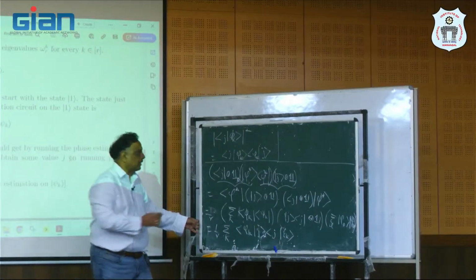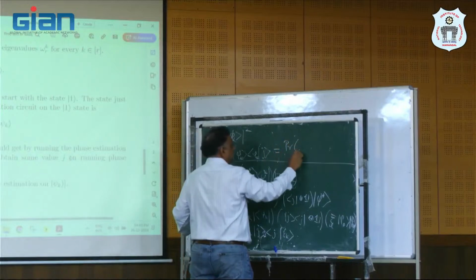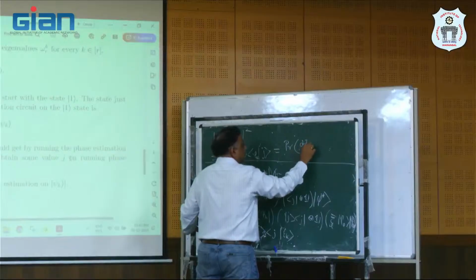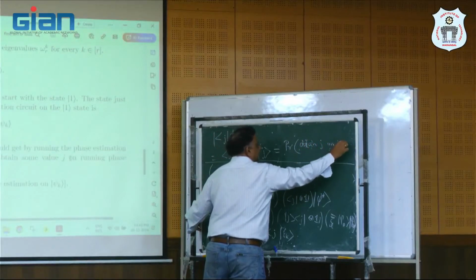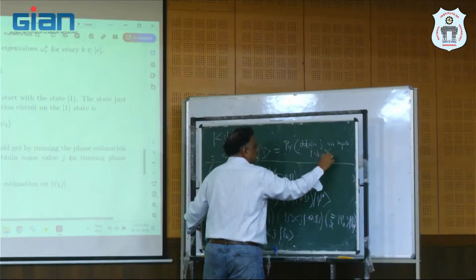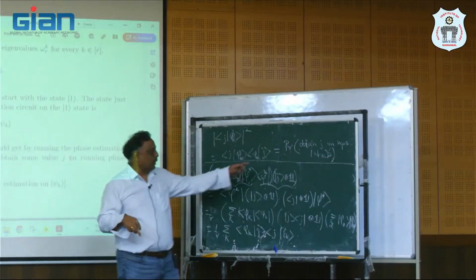This is equal to probability to obtain J on input psi k on the bias below, correct?